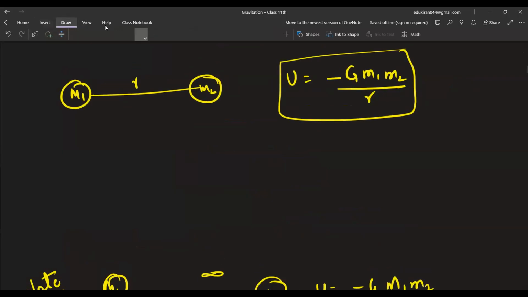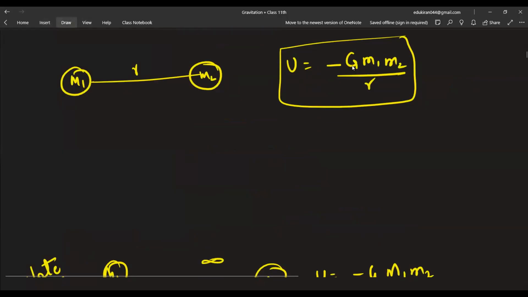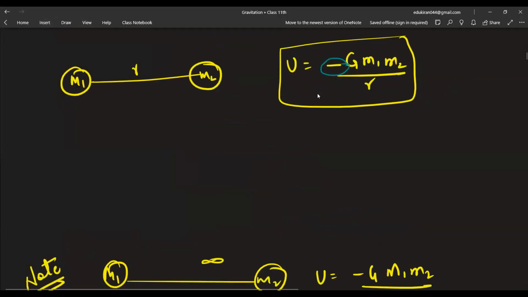So when we are referring here, this is minus. This negative sign, what is it representing? Just a second.